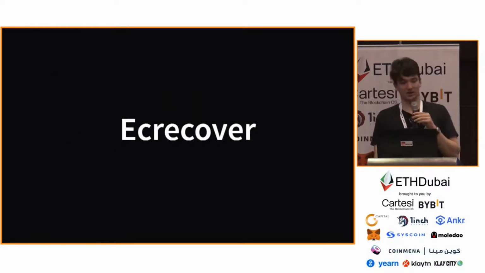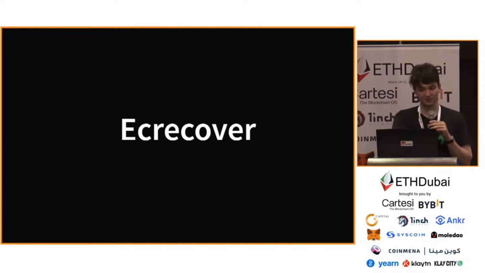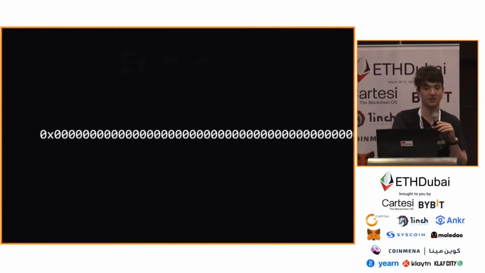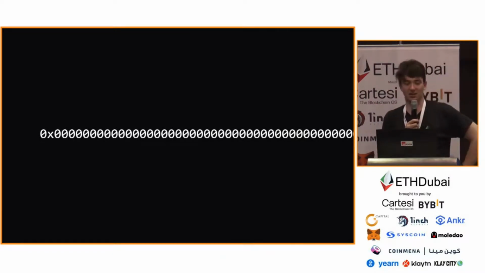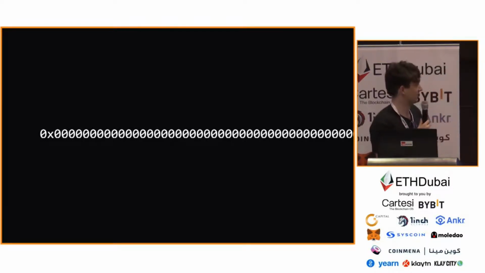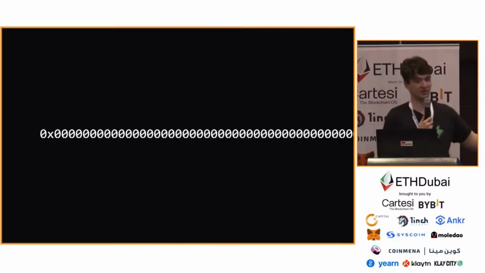So another quick example we'll dive into here is EC recover. So if you use EC recover in Solidity and it fails, you get a magic constant back. Doesn't quite fit with this font. And that magic constant is just a bunch of zeros. And this is generally considered as kind of a programming anti-pattern because what you have is a sentinel value that represents something.